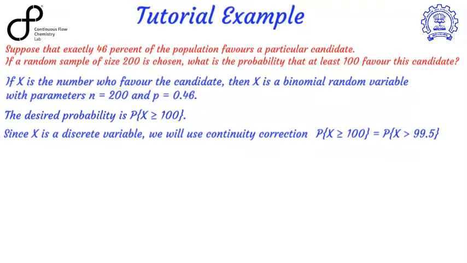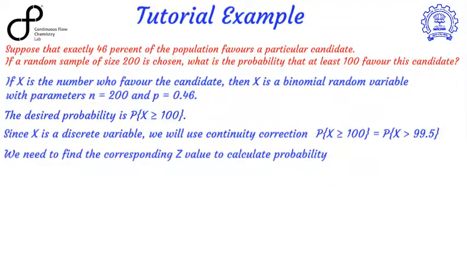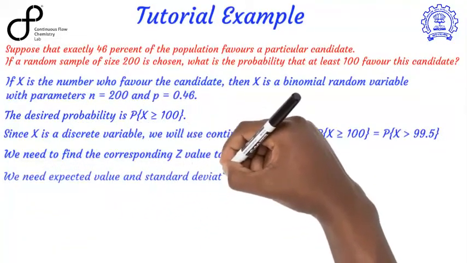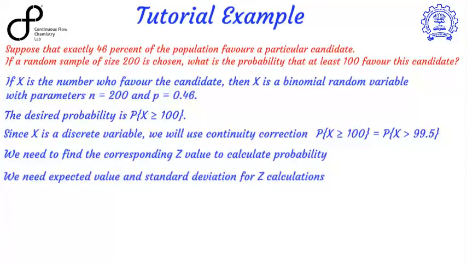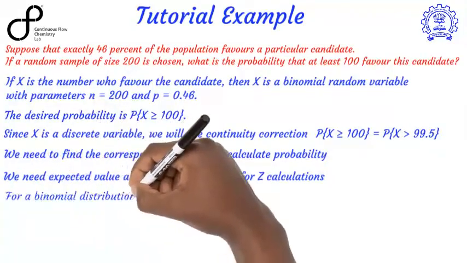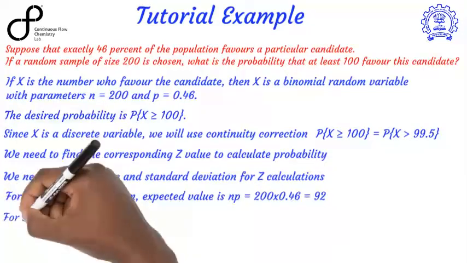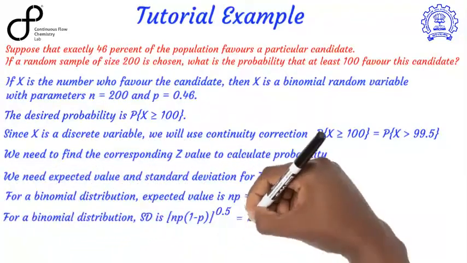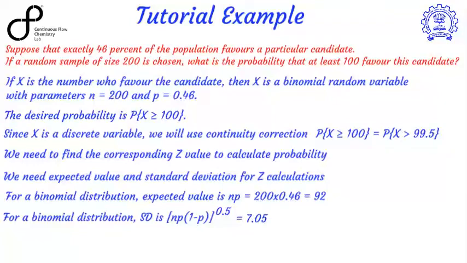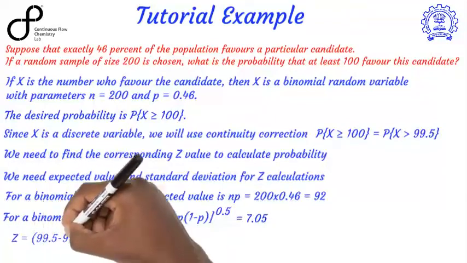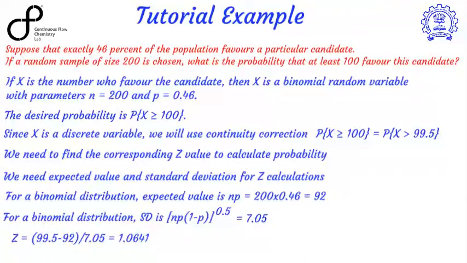Therefore, we need to first calculate the corresponding Z value. We need expected value and standard deviation of the distribution to calculate z. For binomial distribution, expected value is n times p. The standard deviation is the square root of n times p times 1 minus p. Therefore, z comes out to be 1.0641.